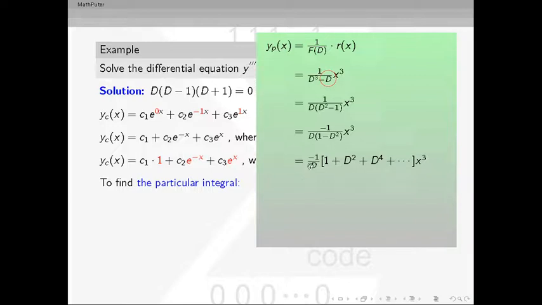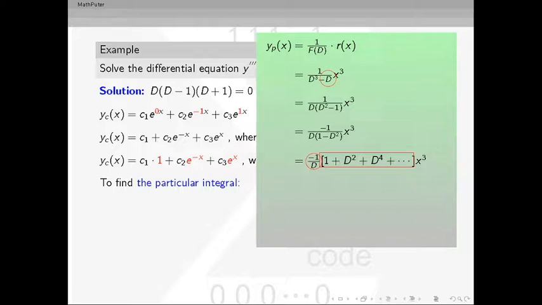Yes, so here what is happening? See, in last two examples we had only the bracket term and we apply all these derivatives to the polynomial, but here we have two terms. One is minus 1 upon d and another one is 1 plus d square plus d raised to 4.